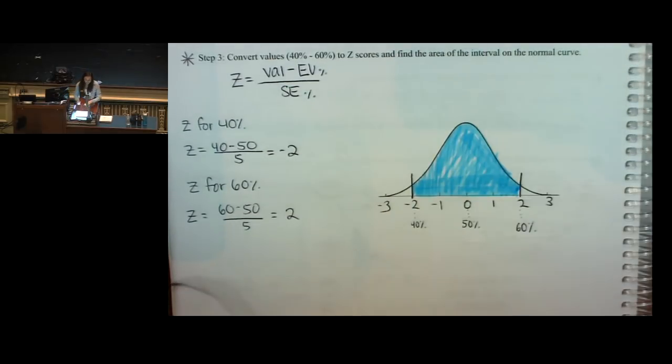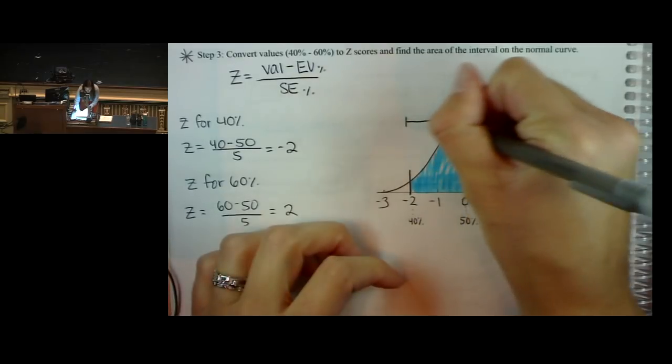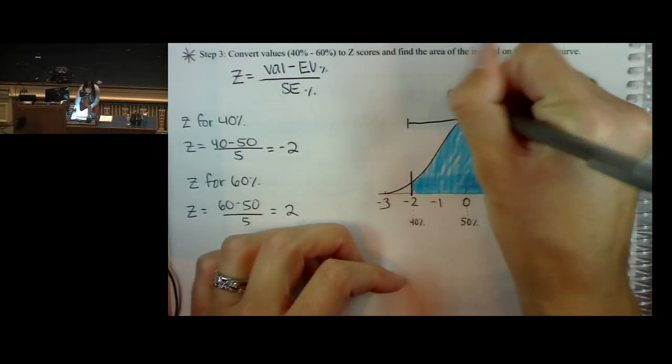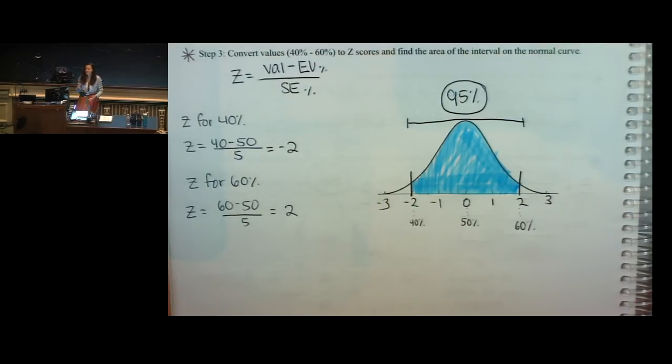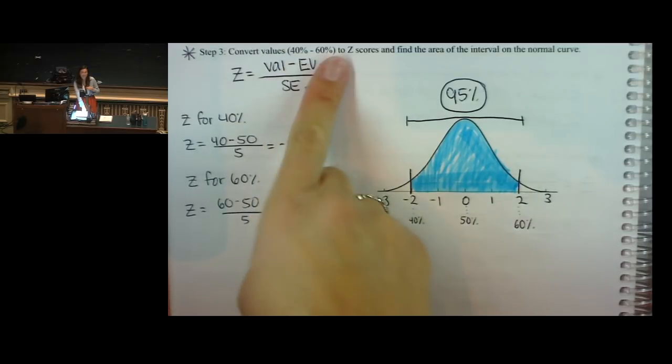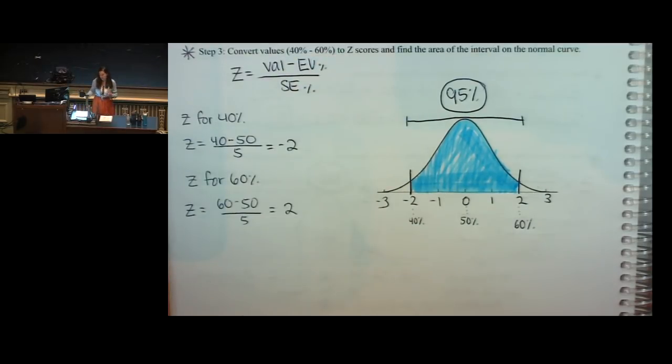And then to find this out, now I don't have to do anything crazy. I'd basically just look up the z-score for 2, and that gives me the middle area. The area between 2 and negative 2 is 95%. And that makes sense. Think about when you're doing these types of problems, what's the chance of getting between 40 and 60% heads? That's what you should get. So that's actually 95%.